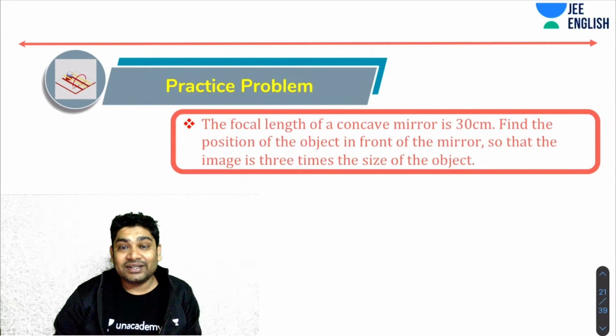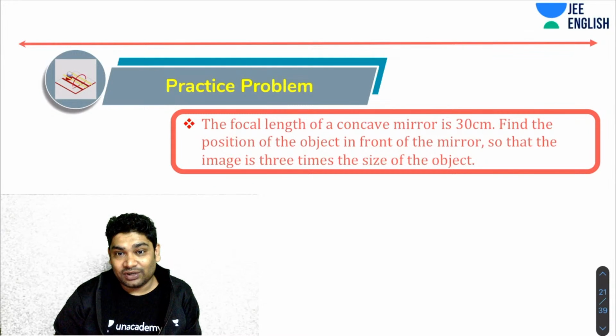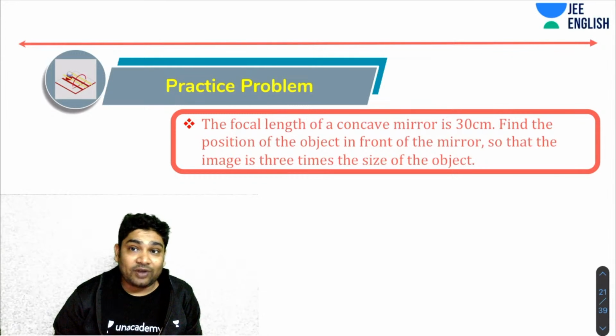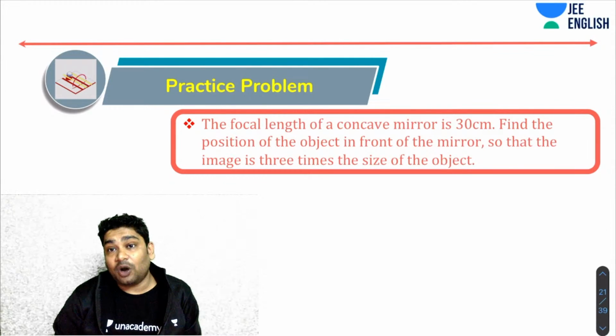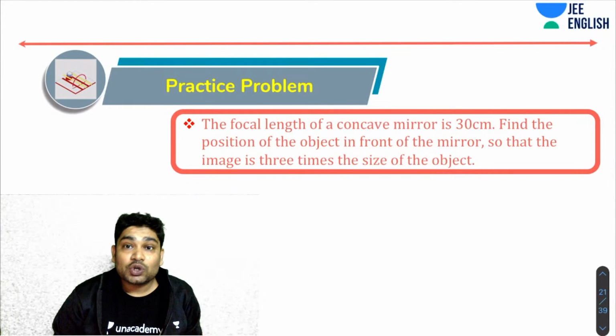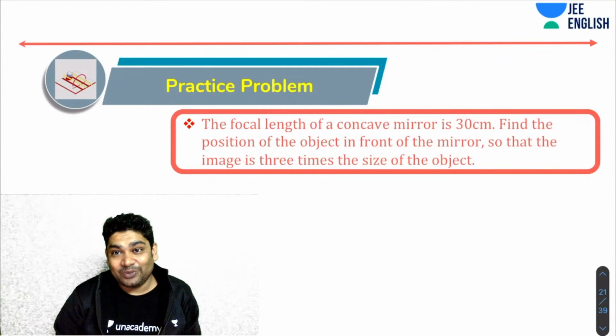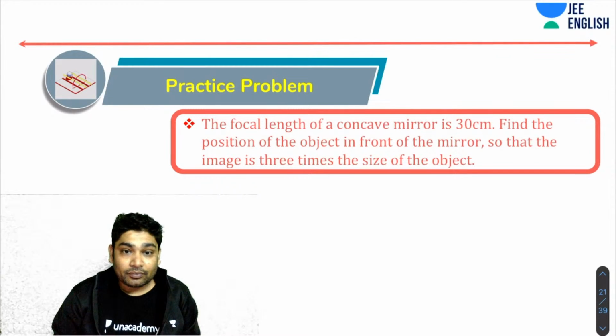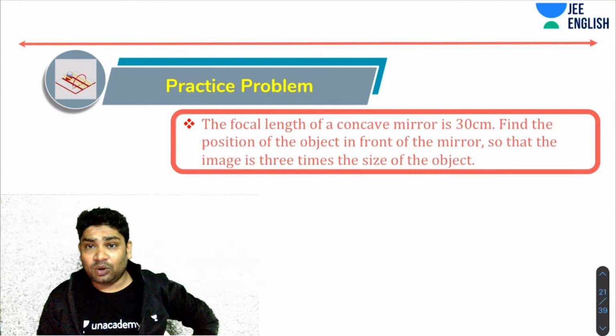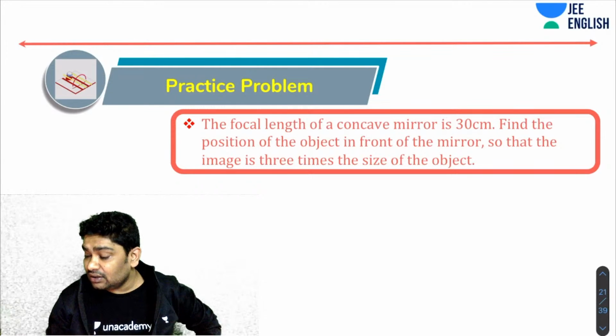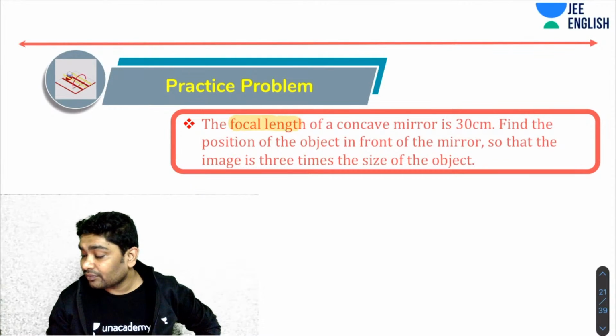Okay. So this is the first problem that I want you guys to try. The focal length of a concave mirror is 30 centimeter. You find the position of the object in front of the mirror so that the image is three times the size of the object. Okay. So what information have you been told? You have been told the focal length.